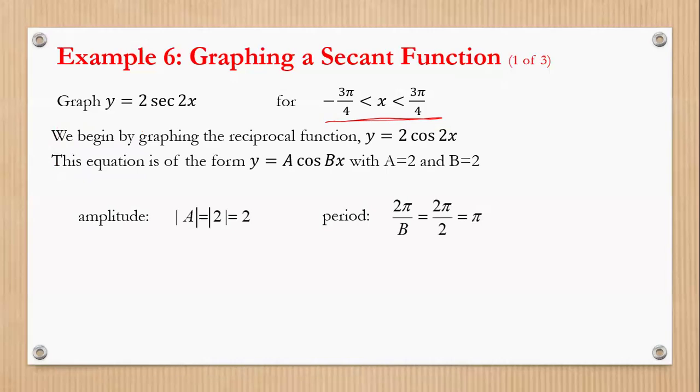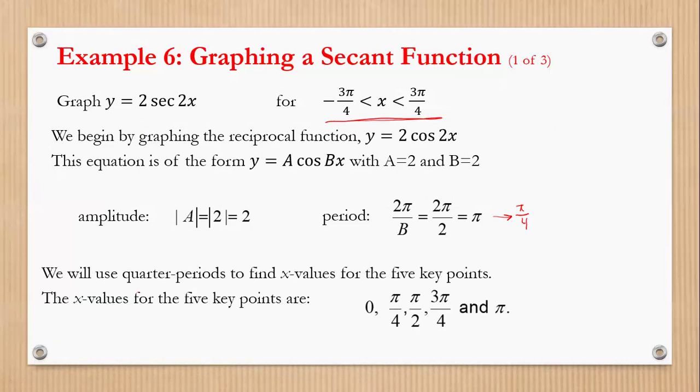And after finding the period, we need to find the 5 key points. To find the 5 key points, we always start from 0. If there is a phase shift, we'll start from the phase shift. Since there is no phase shift here, we start from 0, and then we divide the period of the function by 4, and start from 0 and keep adding pi over 4, pi over 4, pi over 4 to get all 5 points.